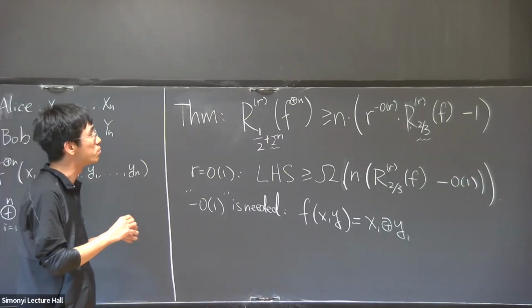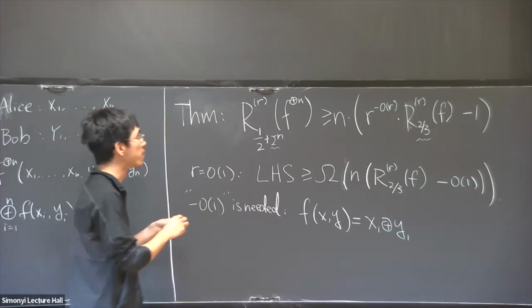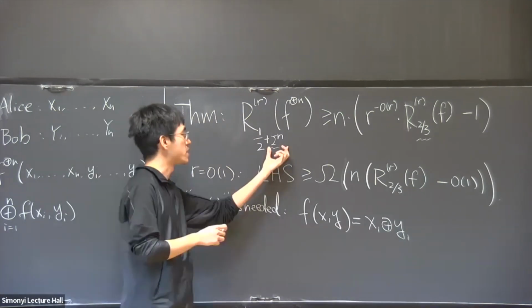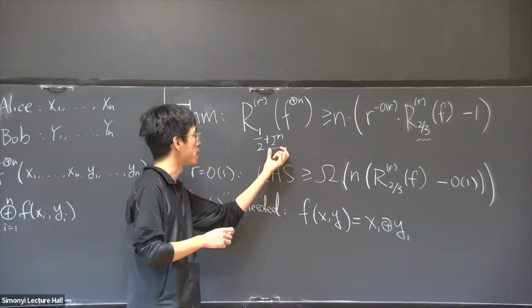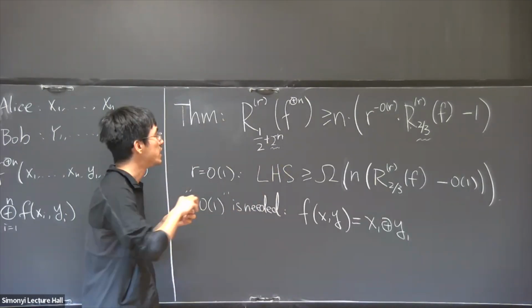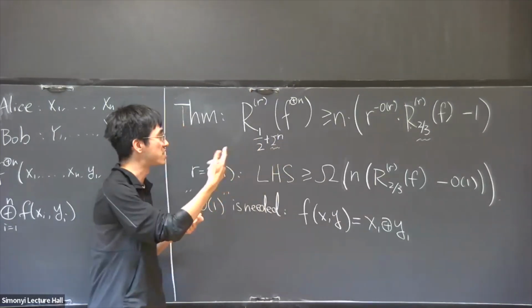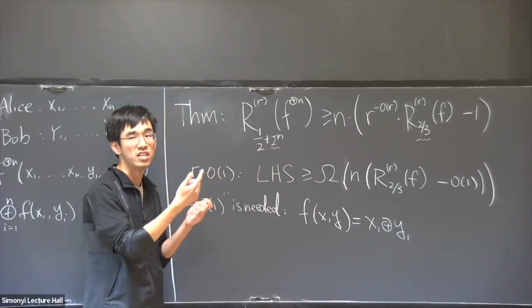Maybe let me also mention that the focus of this talk will be this exponentially small probability, 2 to the minus n. It turns out that, as I will mention later, if we replace this probability by a constant, let's say 2/3, then the result is actually known.